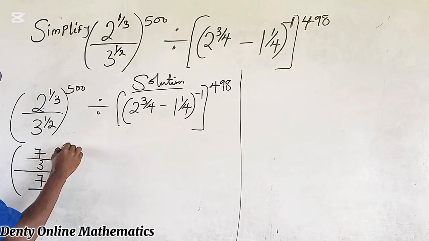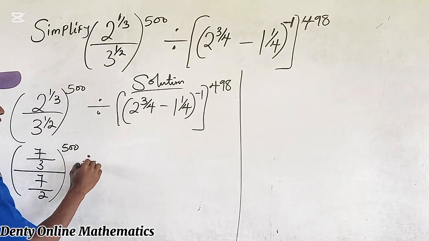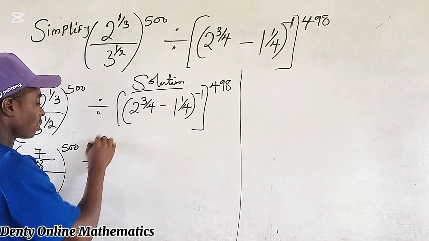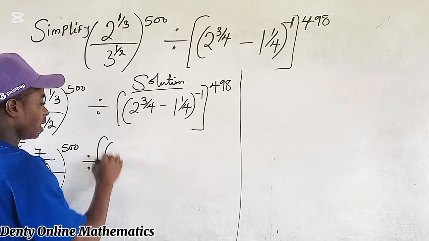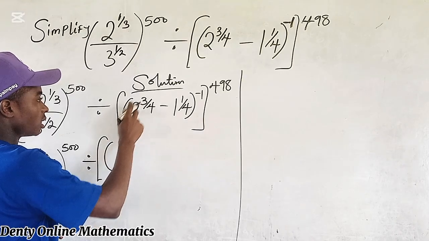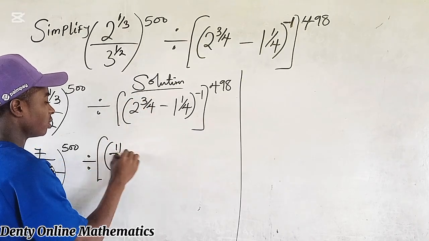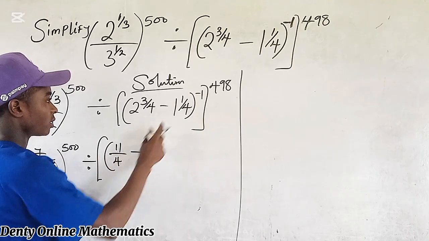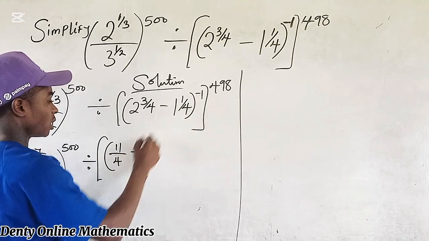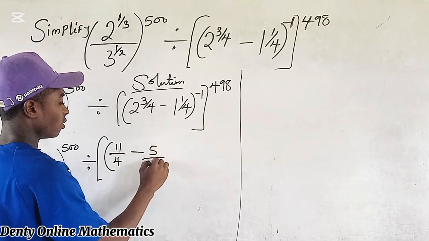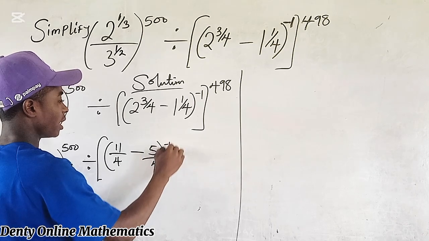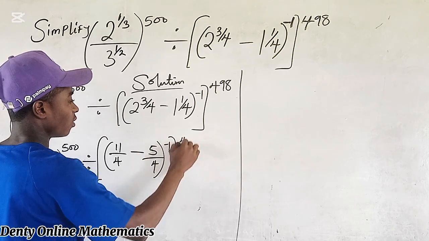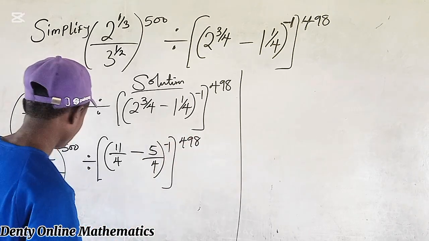Raised to the power of 500 divided by, now let's come here. Here 4 times 2 is 8, 8 plus 3 is 11 all over 4, minus 4 times 1 is 4, plus 1 is 5 all over 4, raised to the power of minus 1, raised to the power of 498.